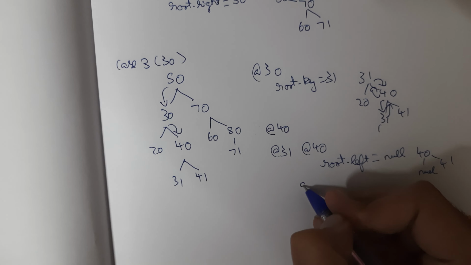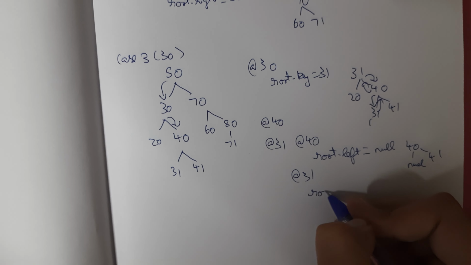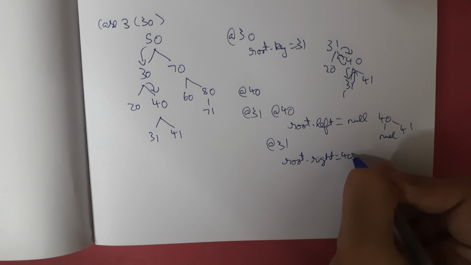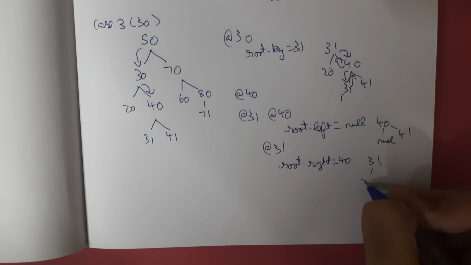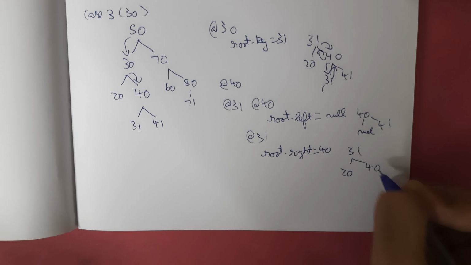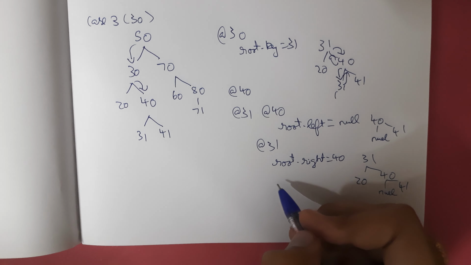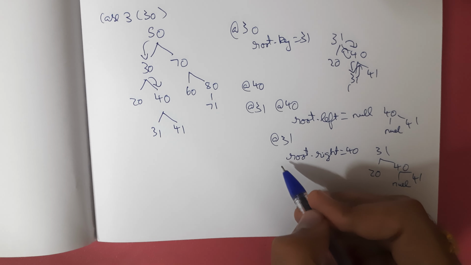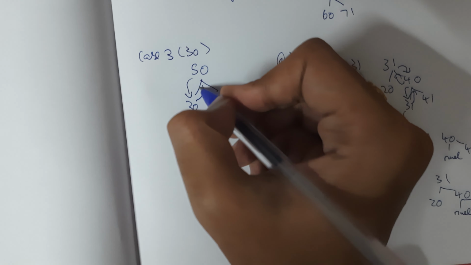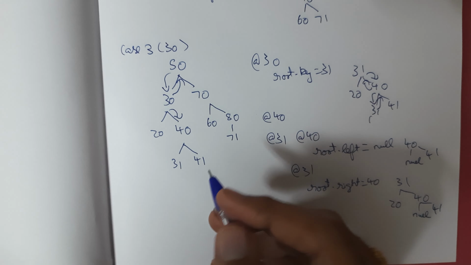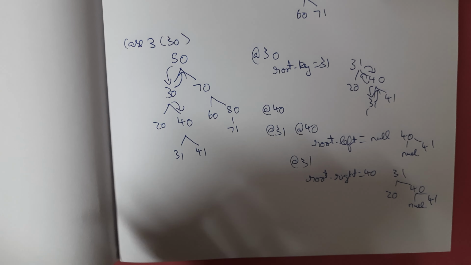So at 31 we have root.right as 40, which is going to be 31, 20, 40, null and 41. We now return the value of node 31 back to the parent node of 31, which is now 50.